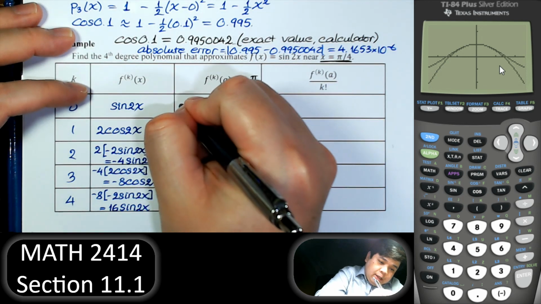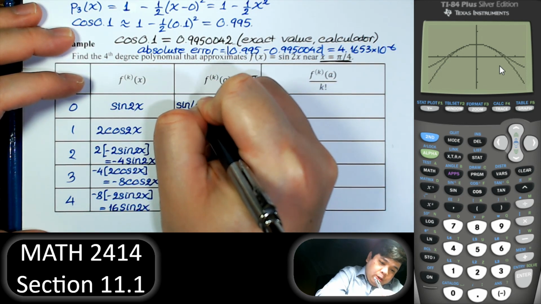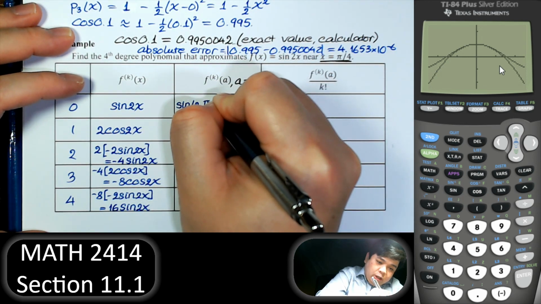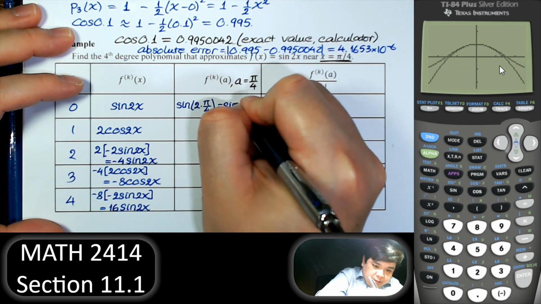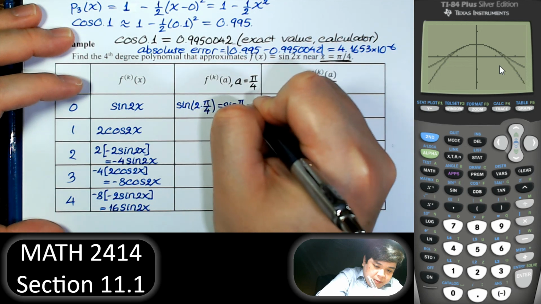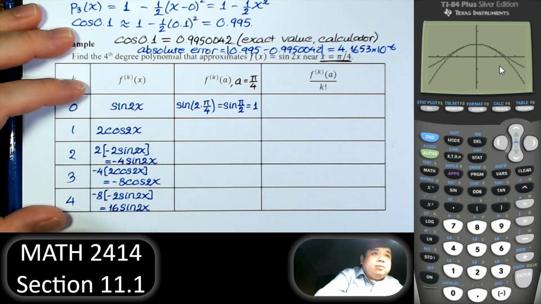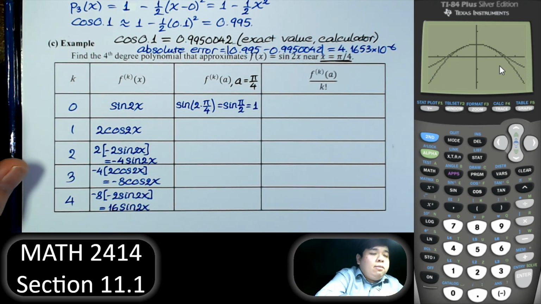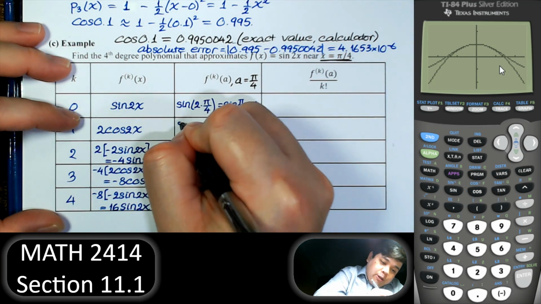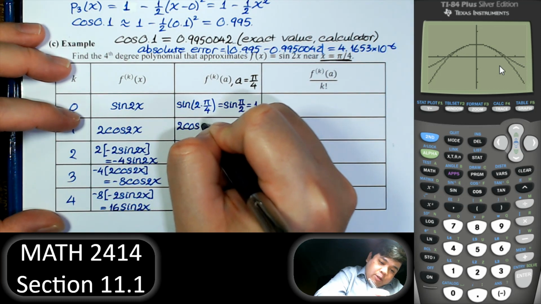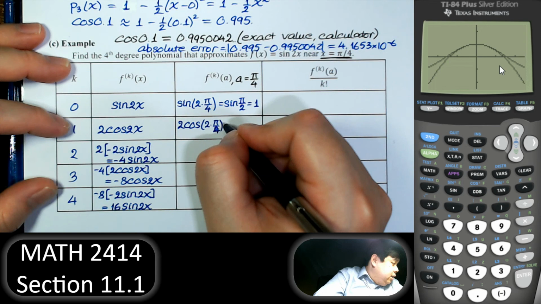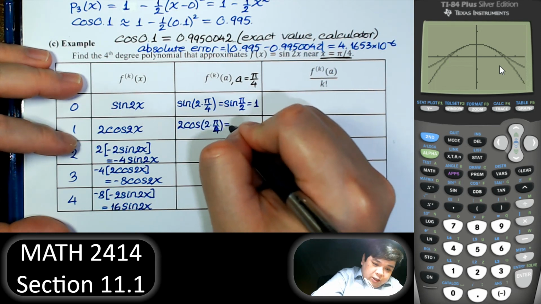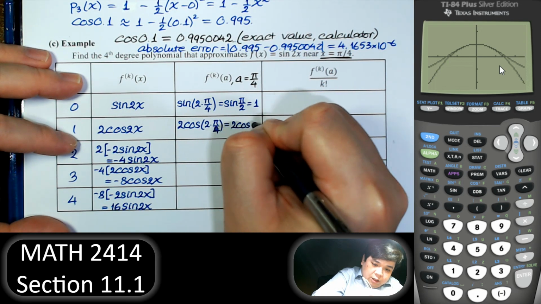So just evaluate at pi over 4. Sine of 2 times pi over 4, so sine of pi over 2, is 1. Next we have 2 cosine of 2 times pi over 4, so 2 cosine of pi over 2.